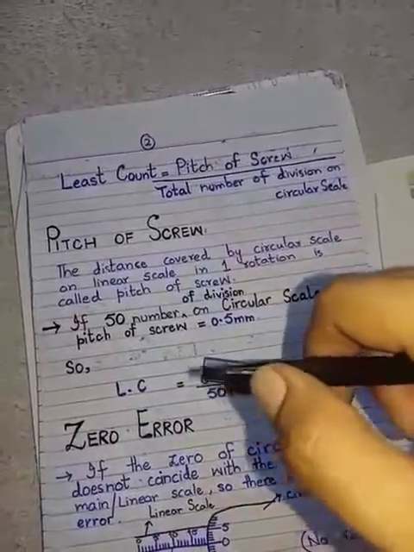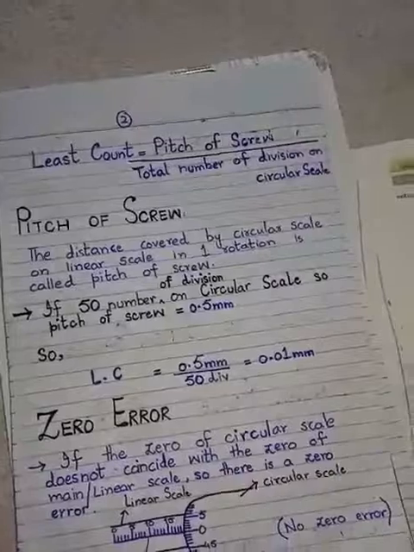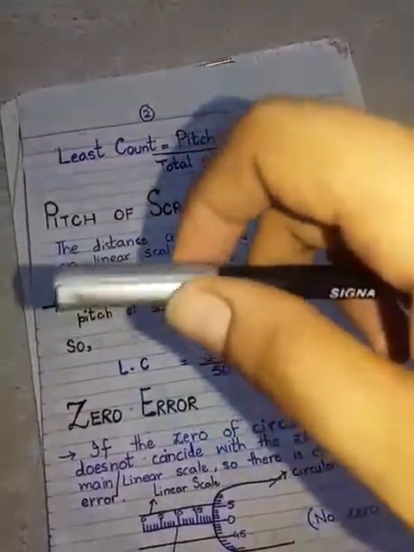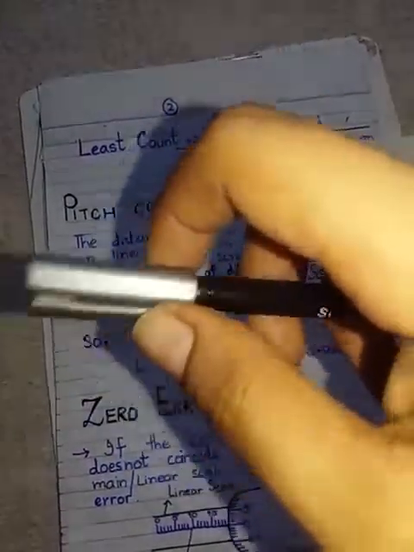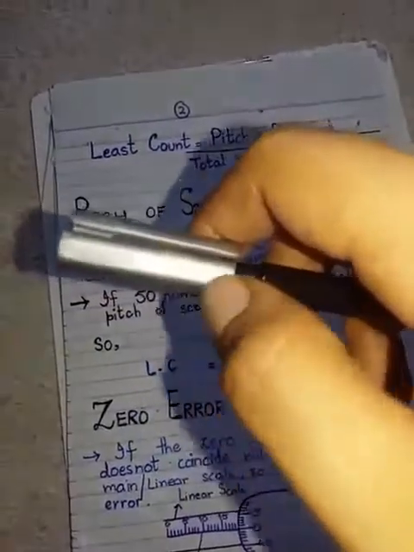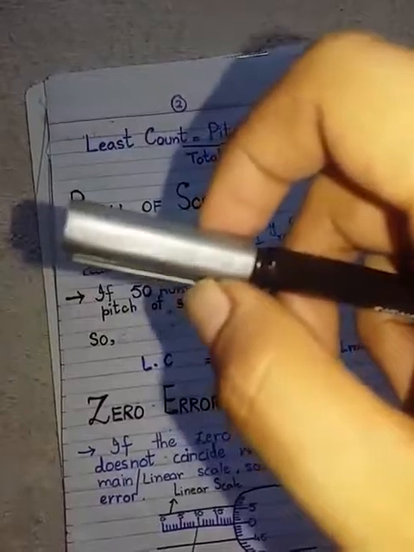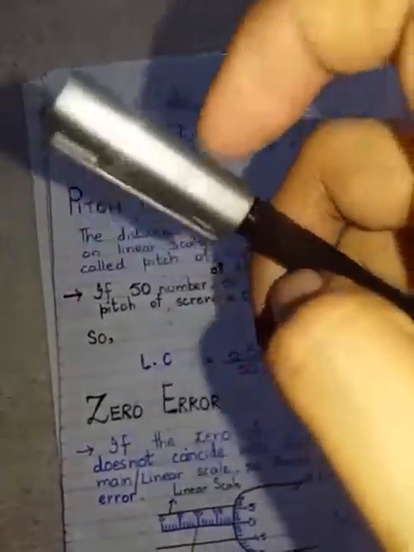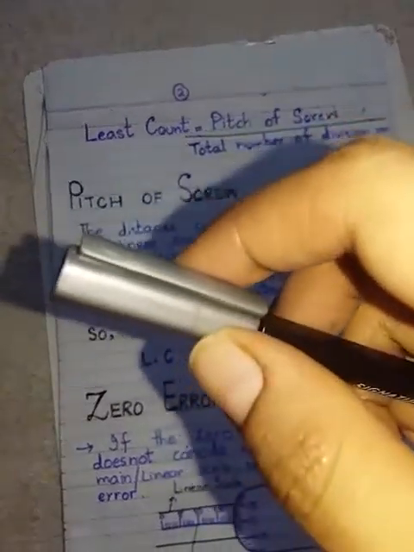The distance covered by the circular scale on the linear scale in one complete rotation is known as the pitch of the screw.